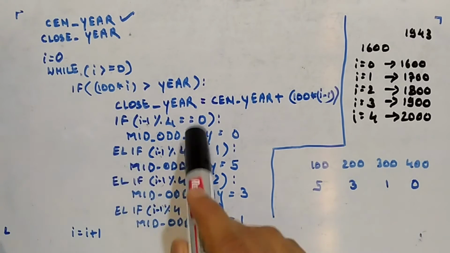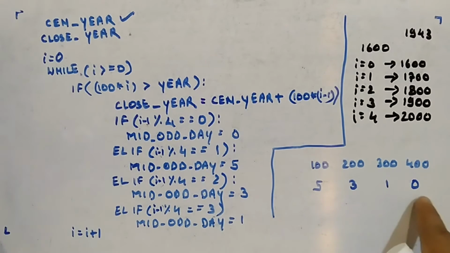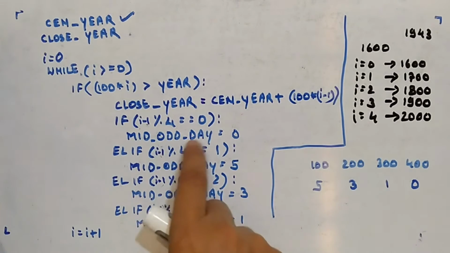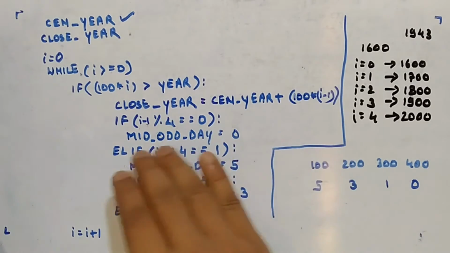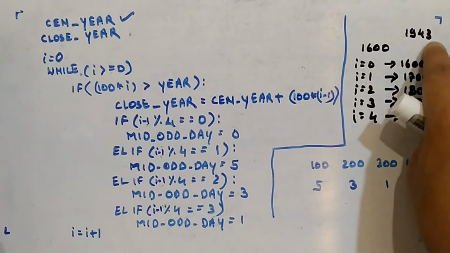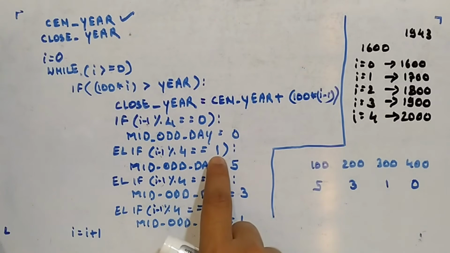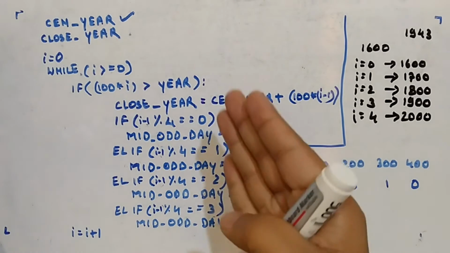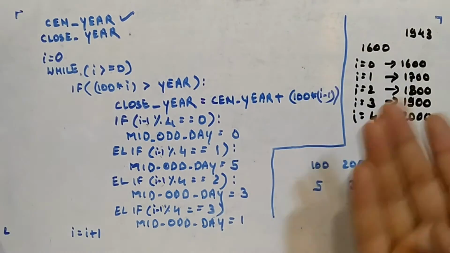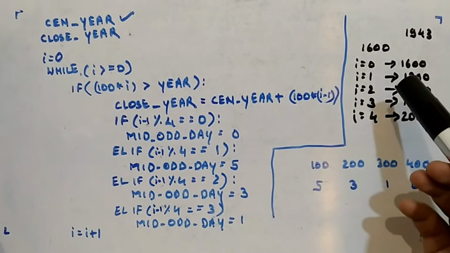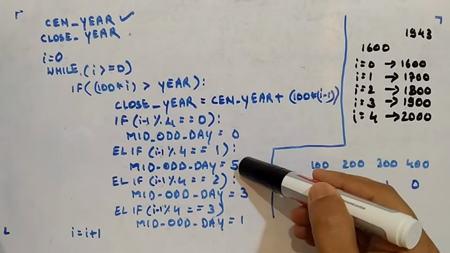Here these four conditions are checking. If I minus 1 modulo 4 is equal to 0, then I write the odd day in mid odd day. It's the middle program, that's why I have written mid. The last program will be finding this 43. So 0 will be stored here. If I minus 1 modulo 4 is equal to 1, it means you have come 100 extra, you are at 1700. Then mid odd day will be 5.